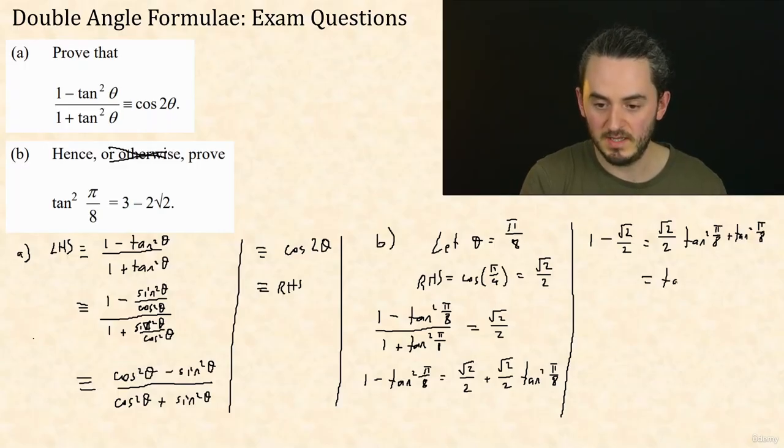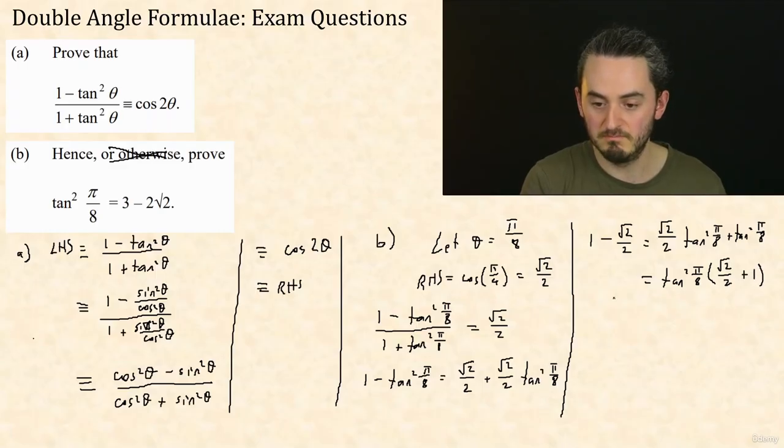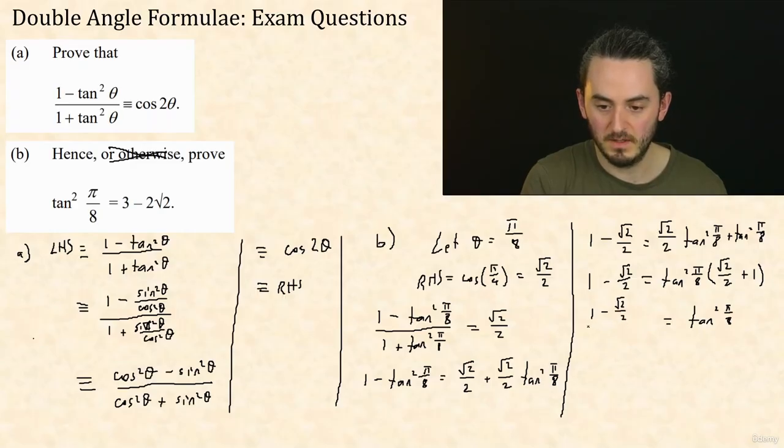Factorising out tan squared pi over 8 from this side, I'm left with root 2 over 2 plus 1. And that's the same as 1 minus root 2 over 2. So, dividing through by this term here, I've got tan squared pi over 8 equals 1 minus root 2 over 2 divided by root 2 over 2 plus 1.